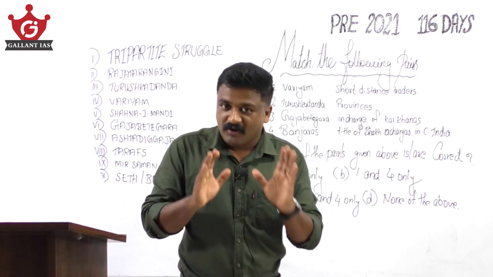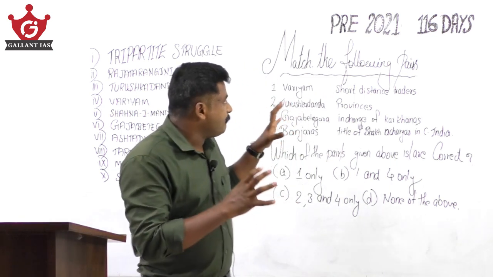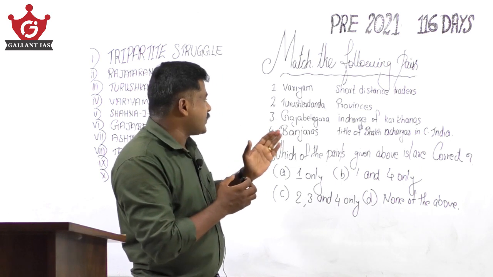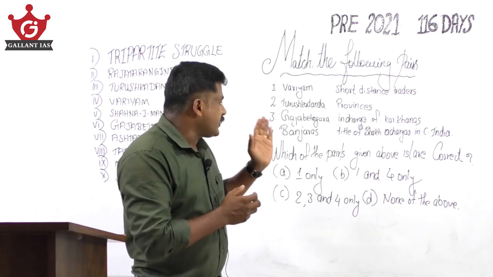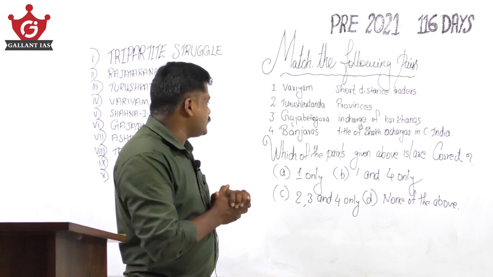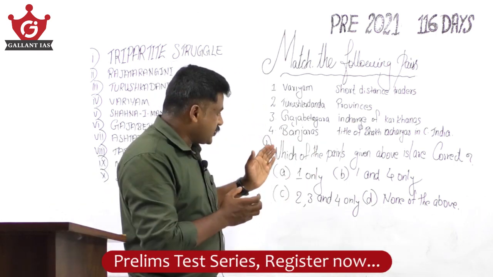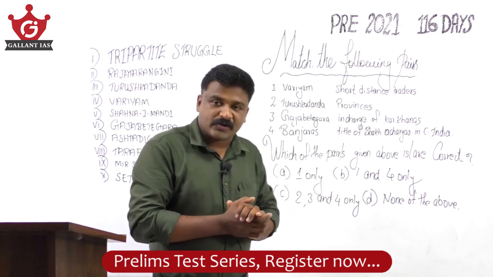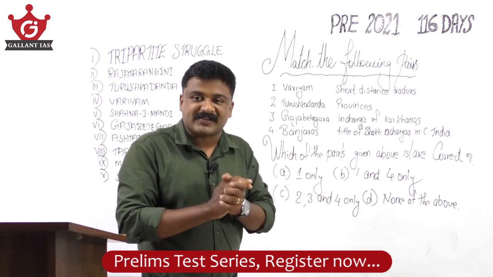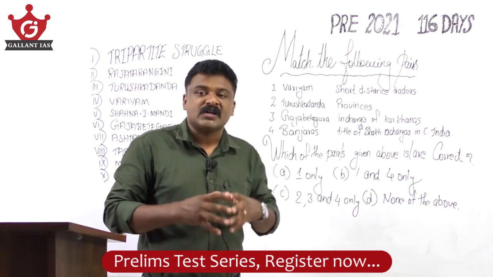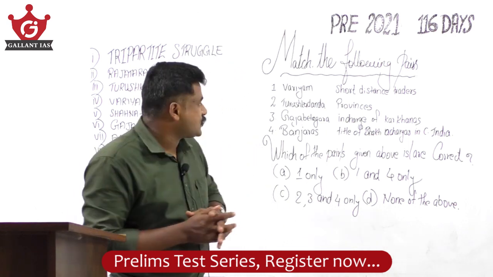Now we are going to solve the question. Match the following pairs. This is the question. Variam, short distance traders; Turishka Danda, provinces; Gajabetagara, in charge of Karkhanas; Banjaras, title of Bhakti Acharyas in central India. The question is asking which of the pairs given above is or are correct. We know that none of them is correct because Variam is the village committees to assist village administration during the Cholas.